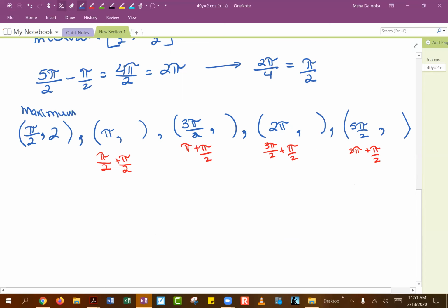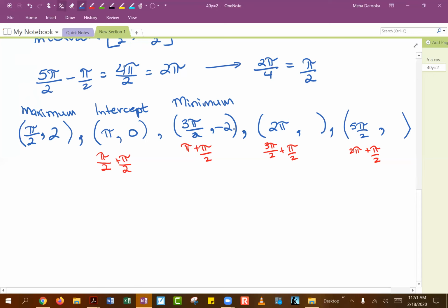Okay, so if this guy is maximum, what's our next point? Intercept, yeah, very good. Your next point is going to be intercept, which means your y value is going to be 0. So maximum, intercept, what's the next point? Minimum, which is -2. And remember, these 2 and -2 values are coming from your amplitude.